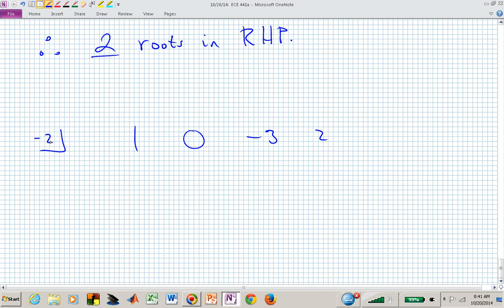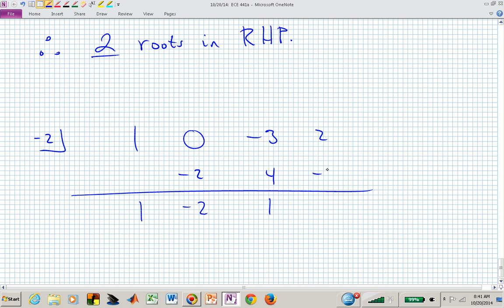So let's say that s equal to minus 2 is a possible root. We have 1, then 1 times minus 2 or minus 2. We add those and have minus 2. We have minus 2 times minus 2 or 4. We add those and we have 1.